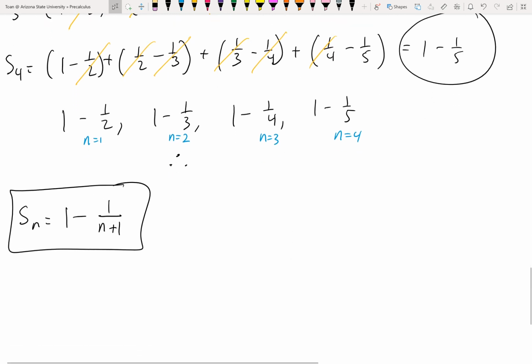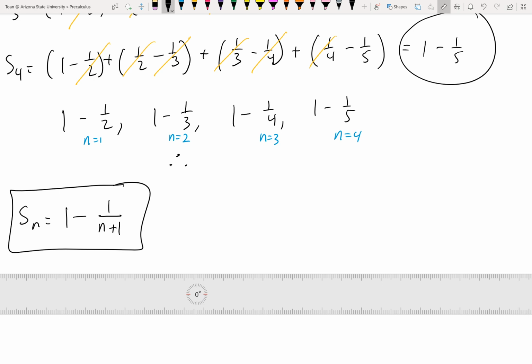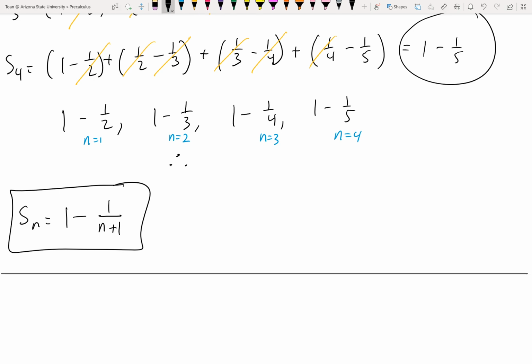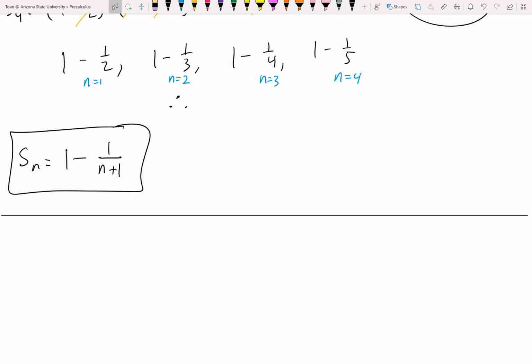Now, admittedly, all this writing gets tedious sometimes. What if I want to do the 7th partial sum, or the 12th partial sum, or the 50th partial sum? We don't want to sit there all day long writing out over and over and over again, right? So we have this idea.